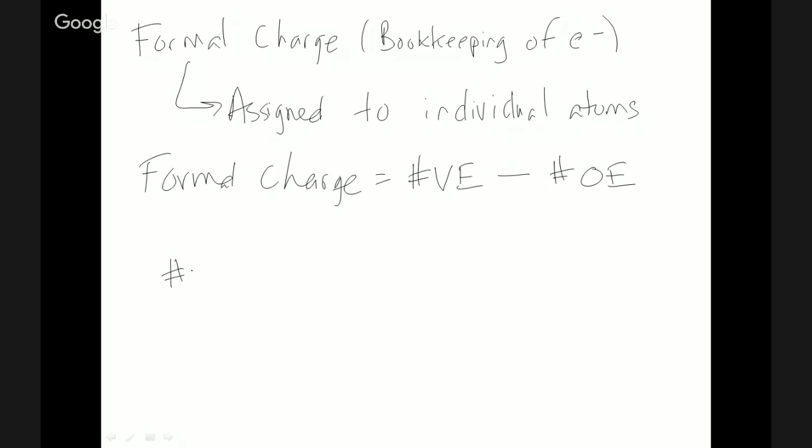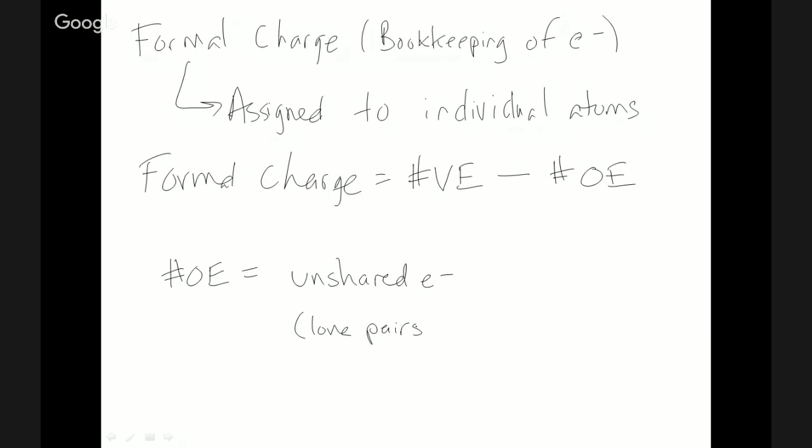So number of owned electrons equals unshared electrons. Unshared are lone pairs.